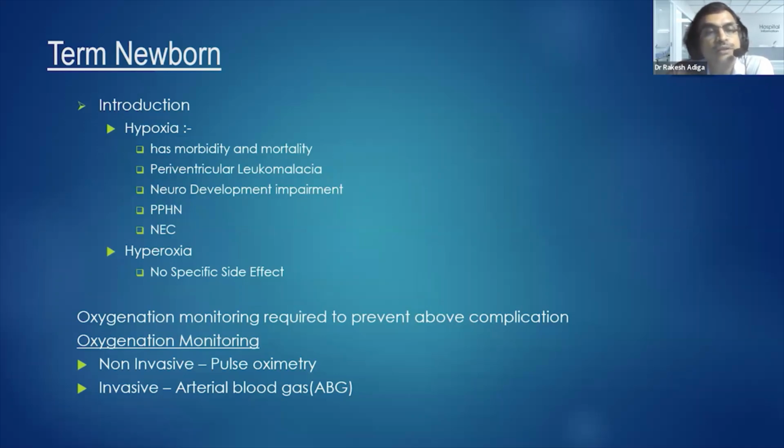The hypoxia-induced complications like periventricular leukomalacia and neurodevelopmental impairment are very crippling to the babies, and PPHN and NEC have very bad prognosis. Bronchopulmonary dysplasia and retinopathy of prematurity are also very crippling. So we have to monitor oxygenation.